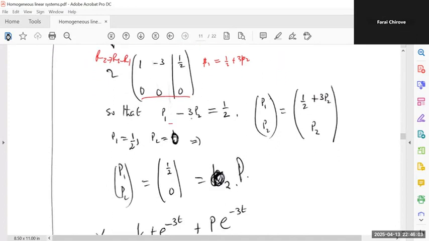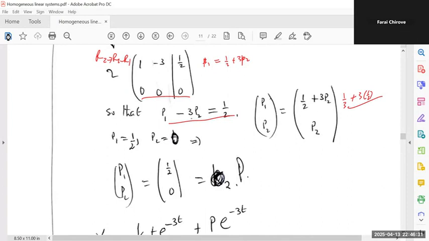So you can start doing combinations of P1 and P2. In this case, if you say let P1 be equal to half and P2 is equal to 0, I just put half here because I have half plus 3 times half to create a whole number.